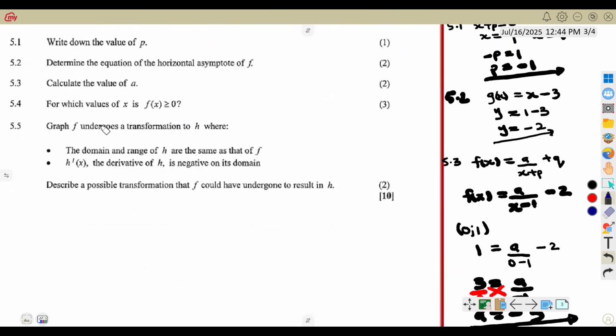So it means we have our function. We now need to calculate the x-intercept. So we go to 5.4. So here is our 5.4.